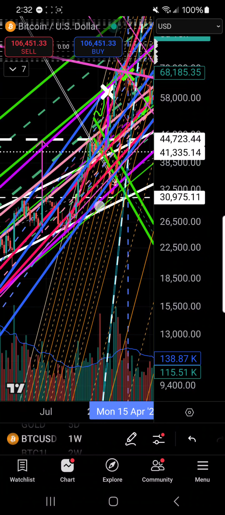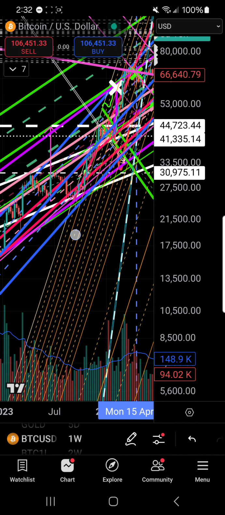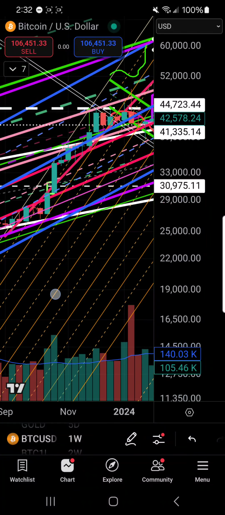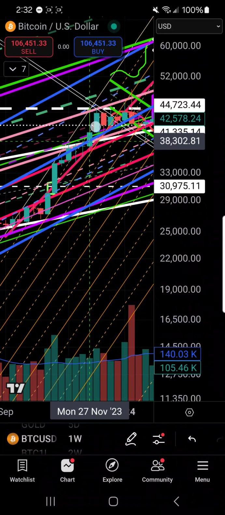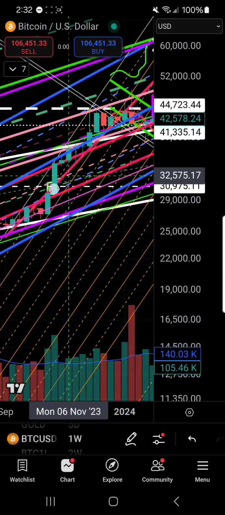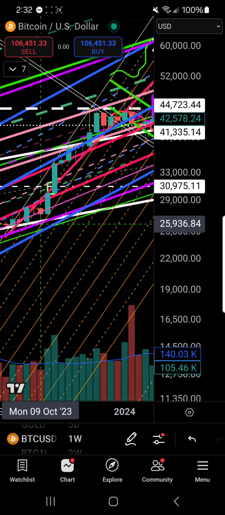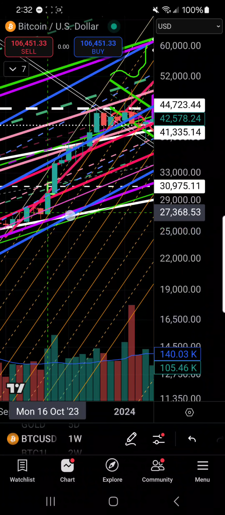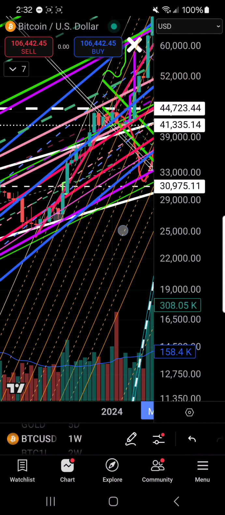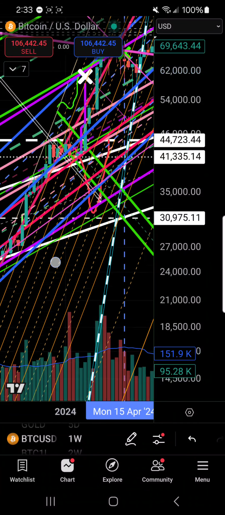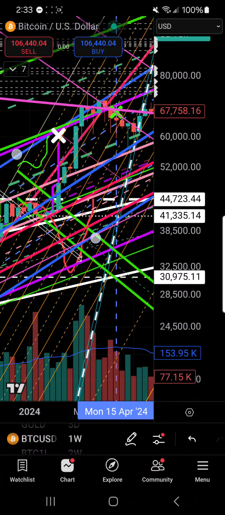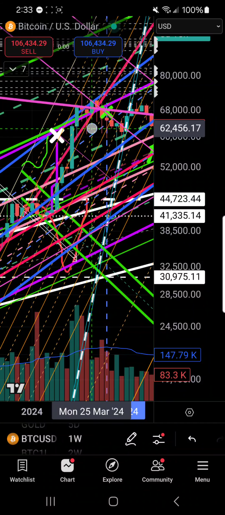So here we have the channels again. Now I initially noticed that this was following that same slope right here, and this was back, I think, 2023. So I was believing that we were going to start the parabolic portion of our bull market right here in 23, 24.